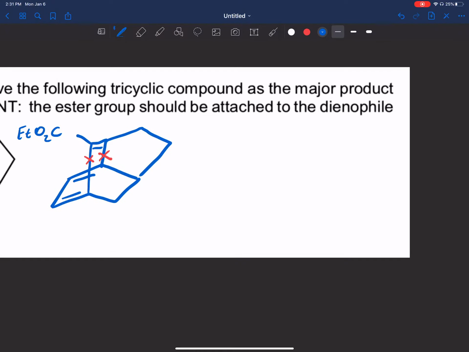So I'm going to redraw now. And hopefully when I show you the product, it will make sense what I was talking about. One, two, three, four, five.